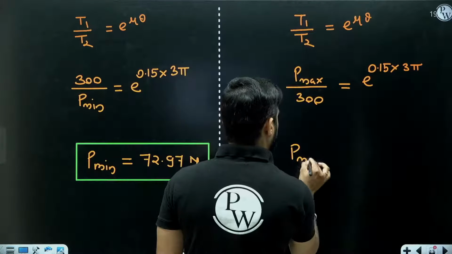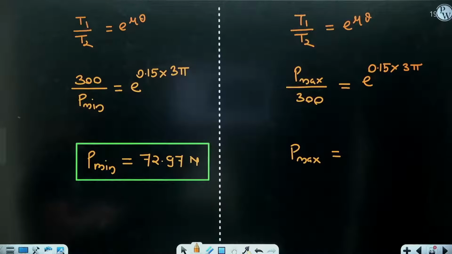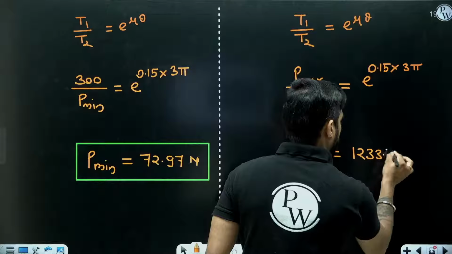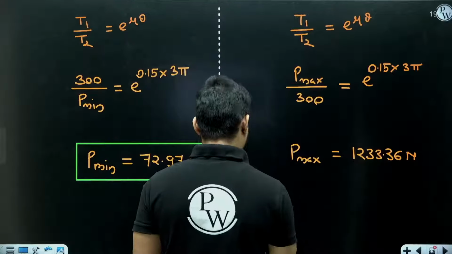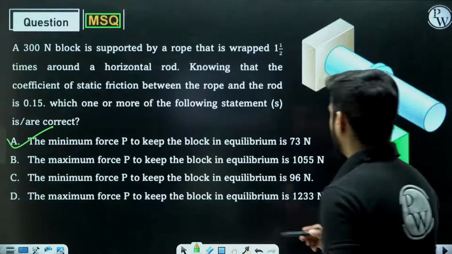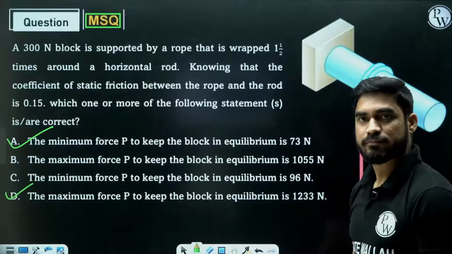Calculate the value of P maximum: 300 into e to the power 0.15 into 3 pi. I am getting 1233.36 Newton, almost 1233 Newton. So the maximum force in order to keep the block in equilibrium is 1233 Newton.